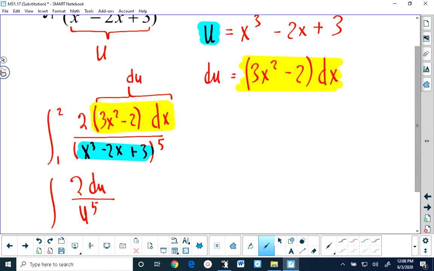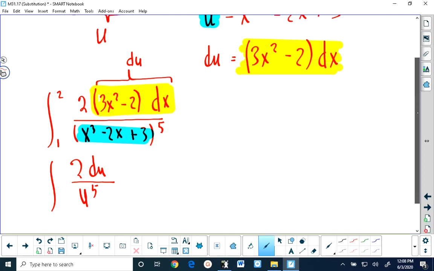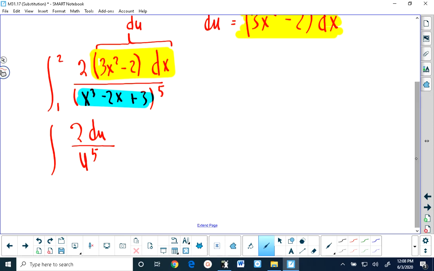Now I've left the numbers 1 and 2 out of it just for the time being. This now can be written as 2 multiplied by the integral of u to the negative 5 du. And again, to anti-differentiate u to the negative 5 is very easy. I pulled the 2 out because it's not really relevant to the process of anti-differentiating. It's just a constant. What is the antiderivative of u to the negative 5?